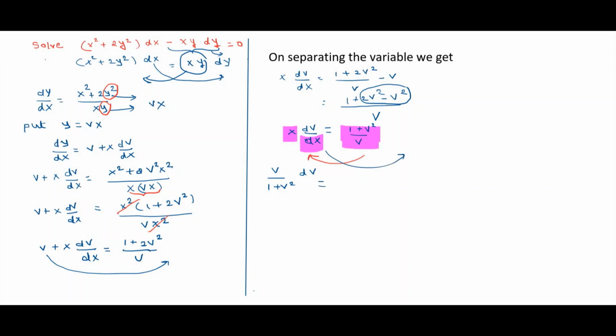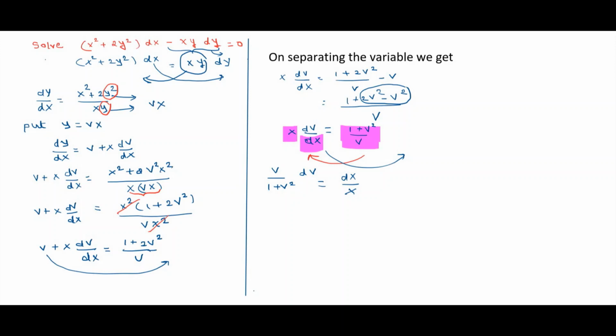Then what we get is equal to dx divided by x. So the variables are separable: v and dv on the left hand side, and 1 by x and dx on the right hand side. Now the next step is to integrate.